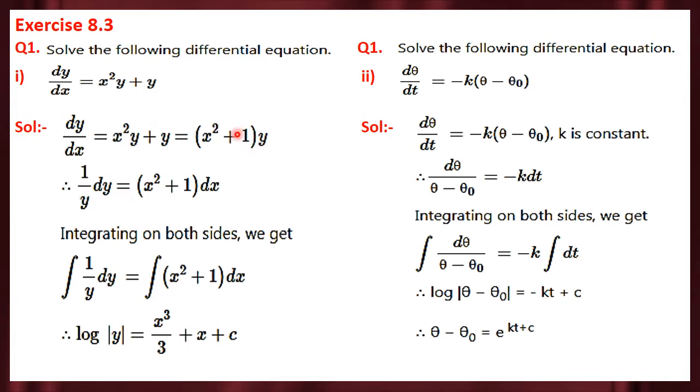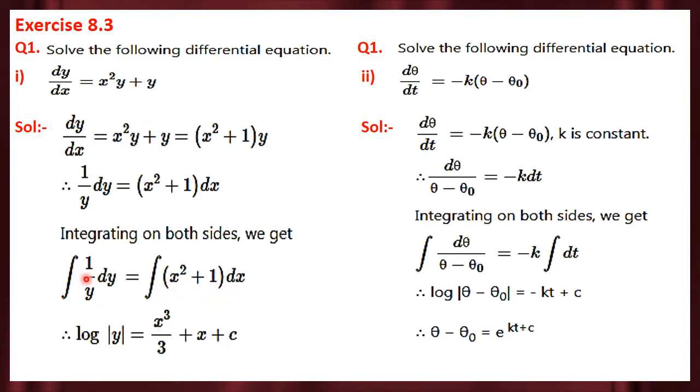So, y will be brought to the LHS along with the dy and keep x square plus 1 into dx in the RHS. Now, you can either keep the variables on opposite sides of the equation, or you can bring the right hand side to the left hand side also. Now, integrating on both sides, we will get integral of 1 by y dy is equal to integral of x square plus 1 dx.